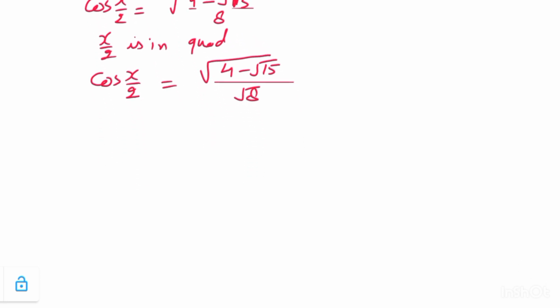Now we will rationalize it, so cos x by 2 is equal to square root of 4 minus square root of 15 upon square root of 8.